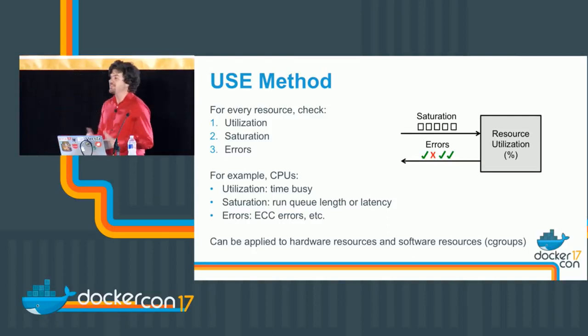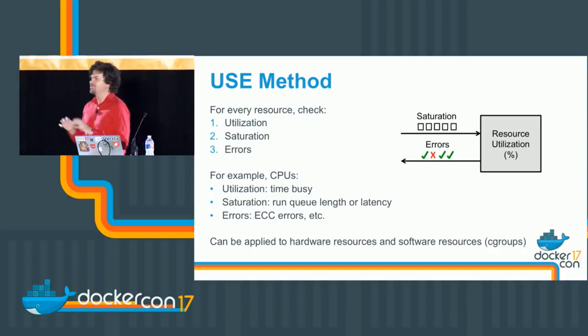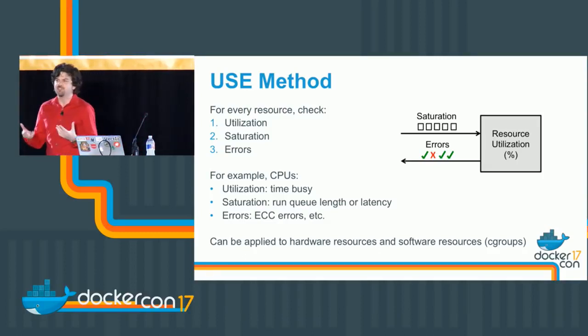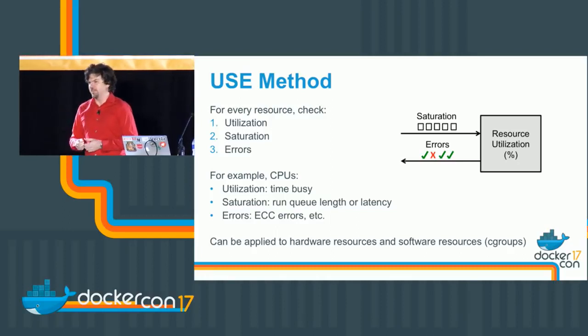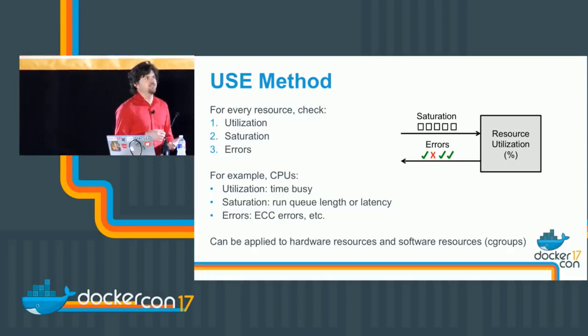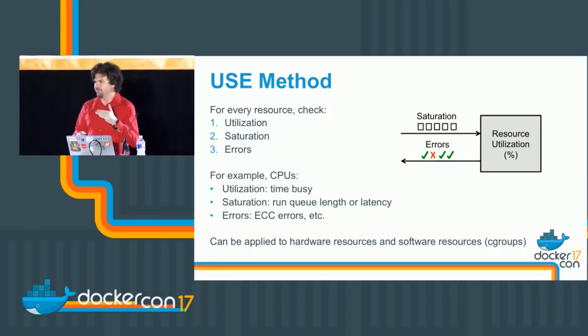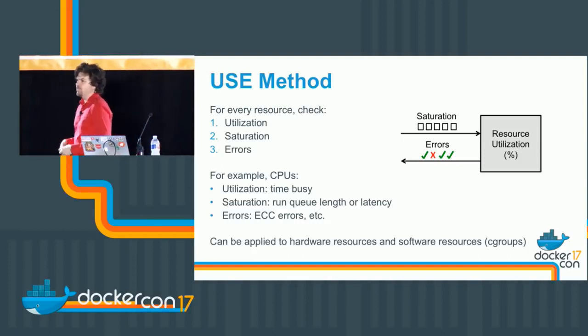And you can do this exercise for, say, shares as well. How would you measure utilization? Well, now it gets really more complicated. What does utilization mean when your CPU availability changes because of shares? You might like to pose that in terms of the minimum guaranteed utilization. That way you can tell when you're bursting because you're running at over 100%. Saturation, how would you measure that with shares?